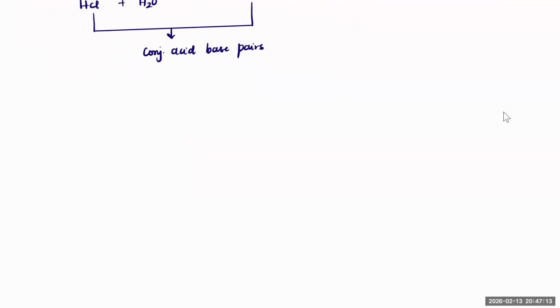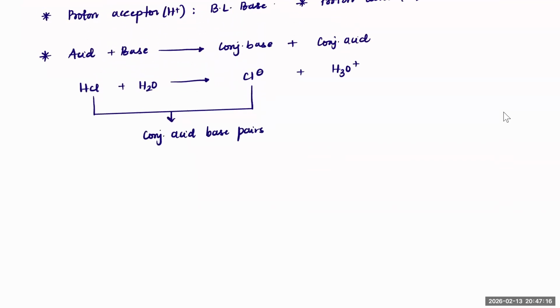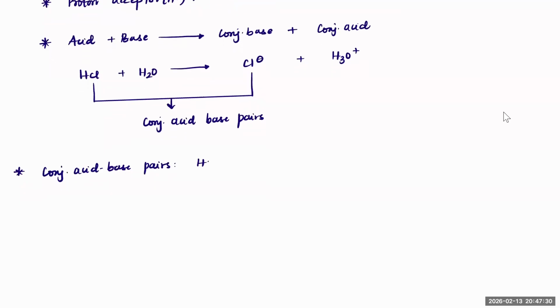Okay. So given any example, you should be able to figure out whether they are conjugate acid base pairs or not. For example, if I take HCl and Cl minus, yes, this is the one.